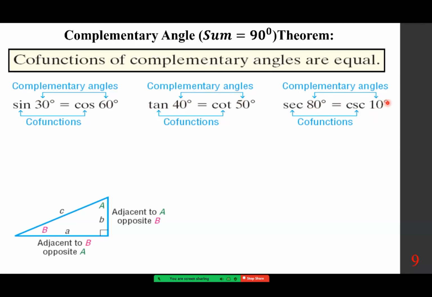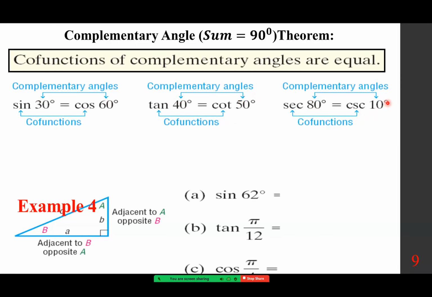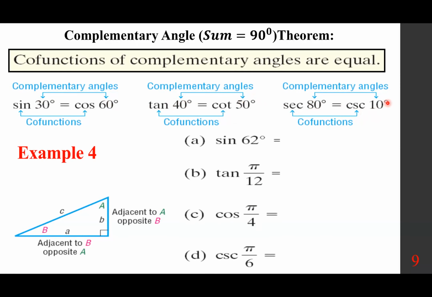So with that being the case, sine of 62 degrees, if we go with that, all you have to do is say cosine of 90 minus 62. 90 minus 62, so cosine of 28.